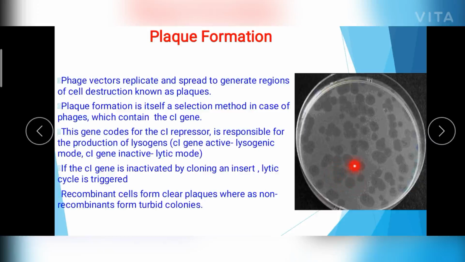These clear zones represent the recombinant cells, whereas the turbid colonies represent the non-recombinant cells. By picking the plaques, you can screen the recombinant cells. For a detailed explanation of these screening methods, you can go through my previous videos, and in the coming video you will see the animation of another method of screening.